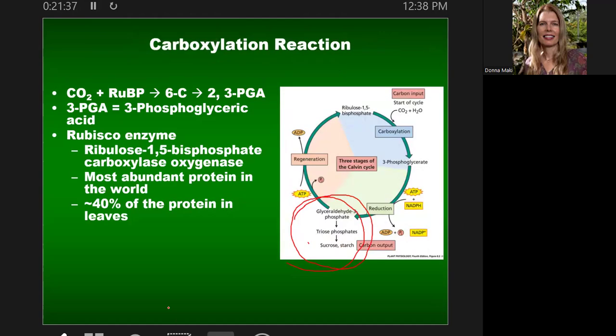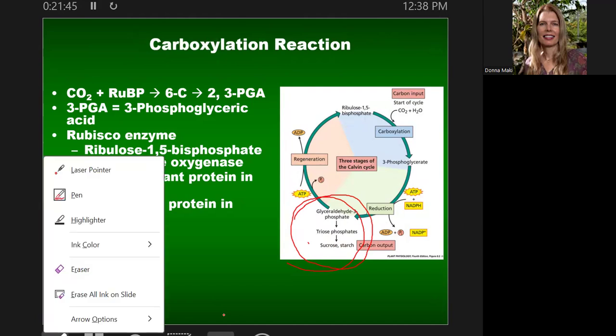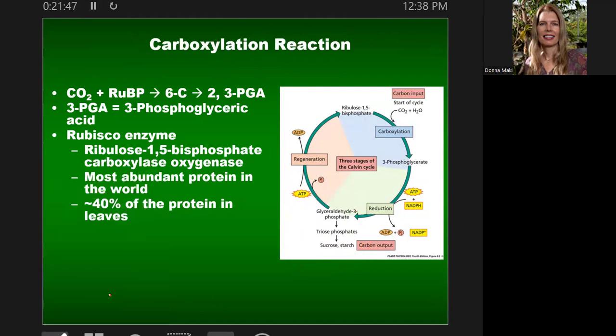Let me back up. This slide, this picture, is the same thing that we just looked at where we were counting carbons and following the whole thing. It's just that they broke it down into 3 phases, which may help you for studying in terms of what's happening during each phase.